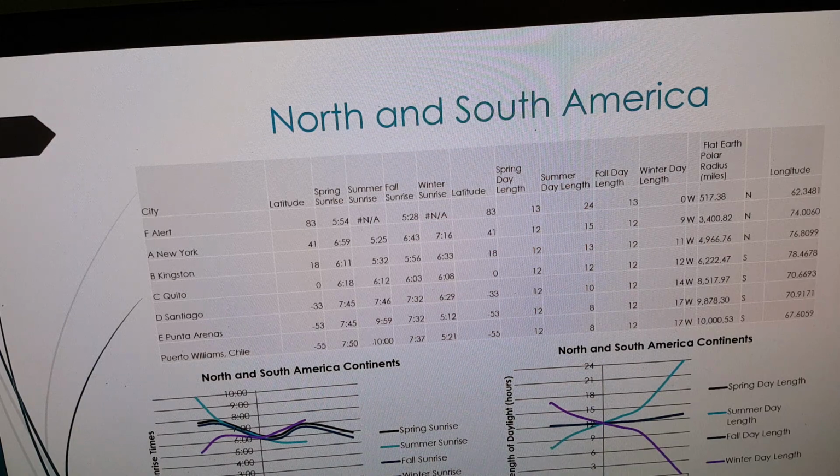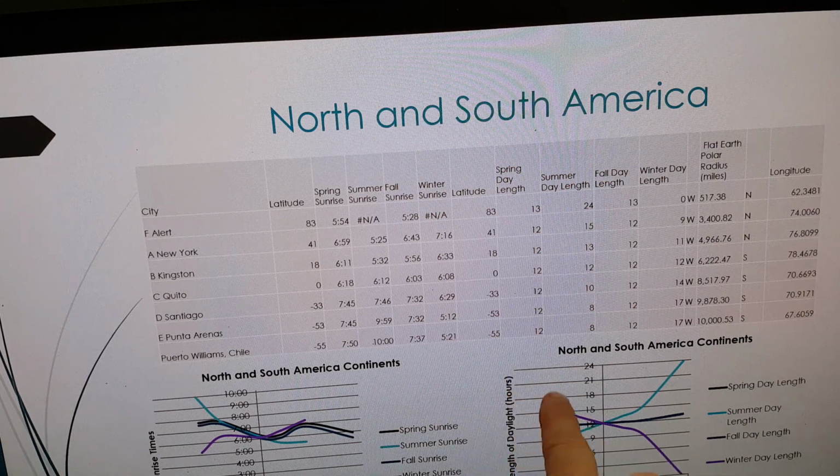The winter solstice for the southern hemisphere, day length is much greater. If I had more south points, you'd see it would be up close to 24.